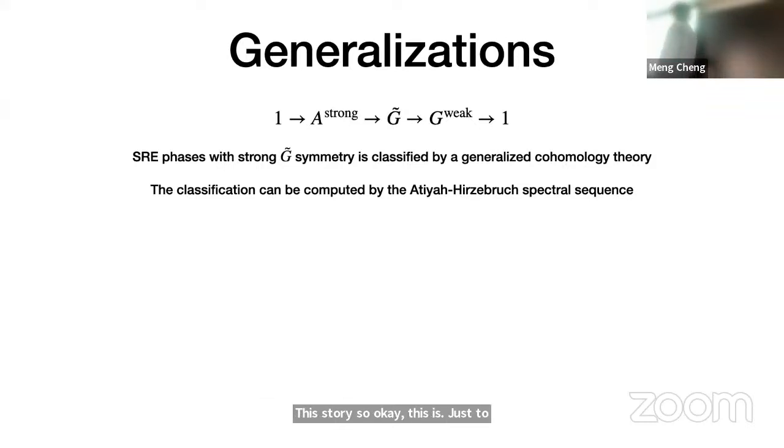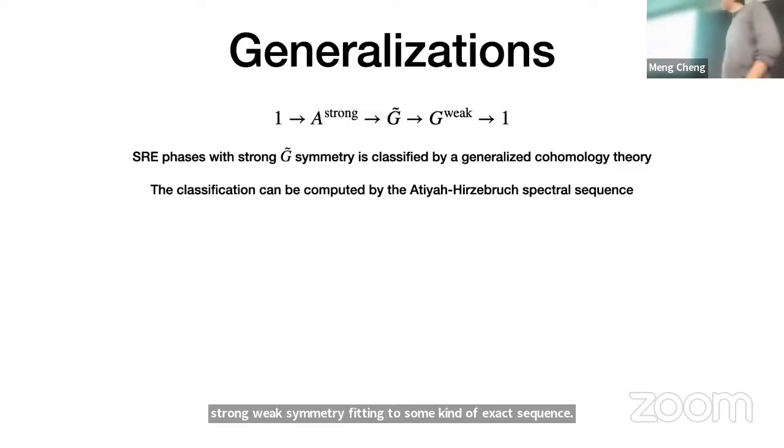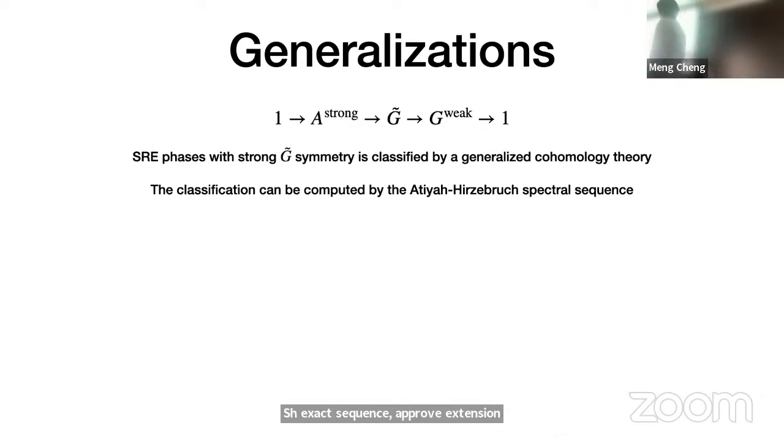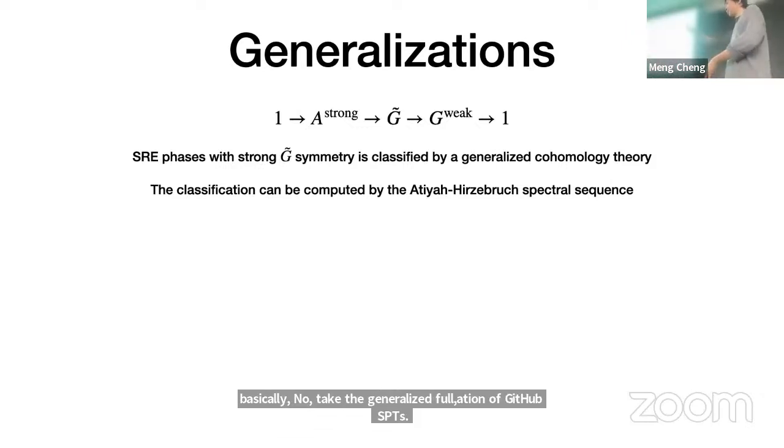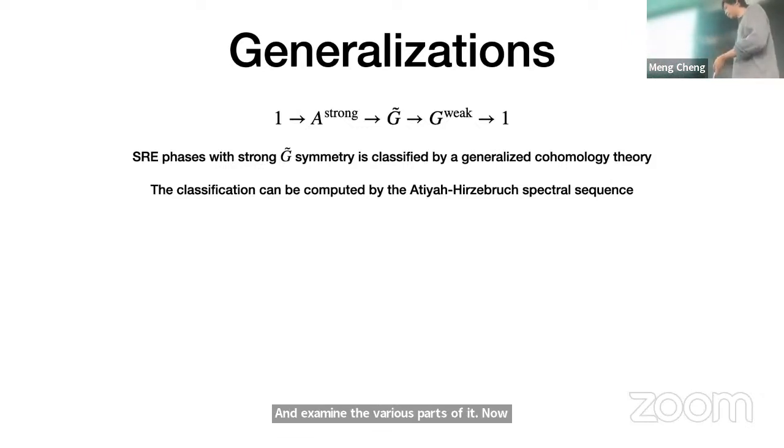So there's strong and weak symmetry fitting into some kind of short exact sequence, a group extension. And then we basically take the generalized cohomology classification of G tilde SPTs and examine the various parts of it. Which ones are relevant, which ones are still preserved in mixed state, which ones are not. And then we can get the classification.